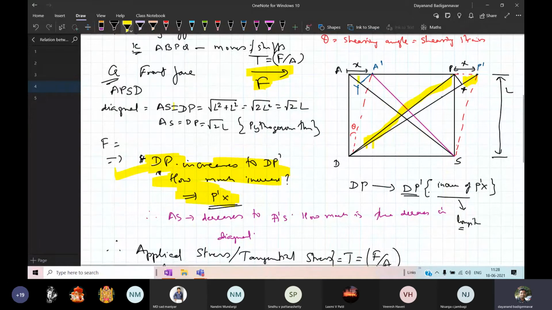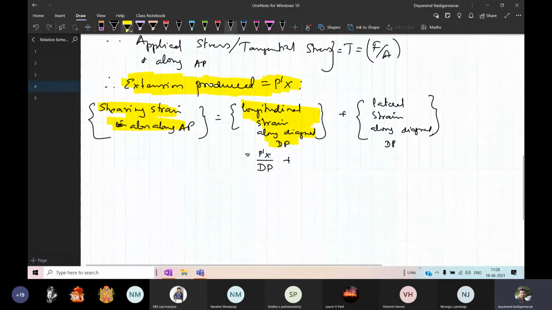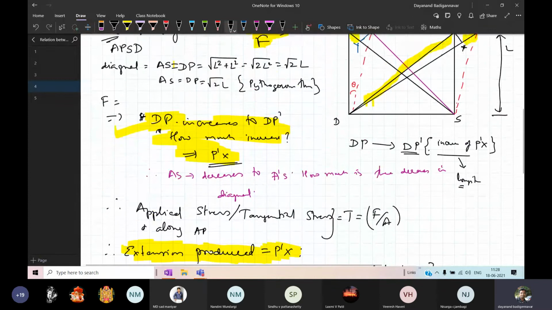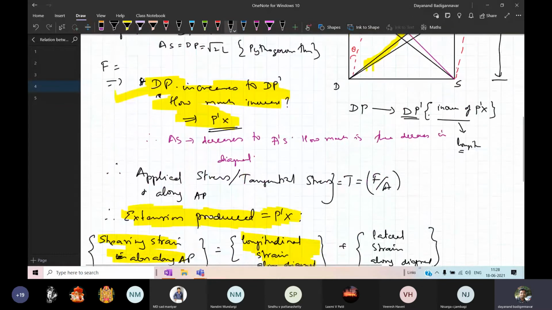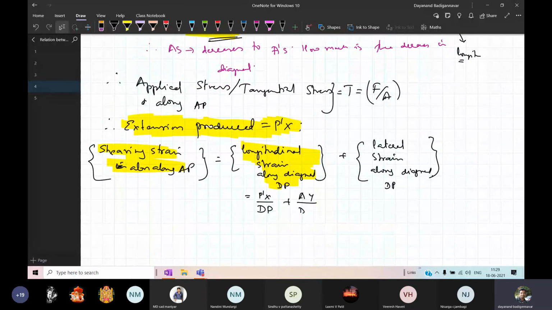This much is the decrease. So this is termed as lateral strain. I can write the lateral strain as AY divided by dP. So this is the total shearing strain.